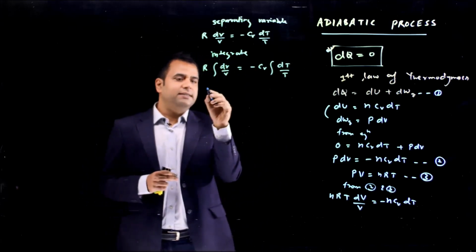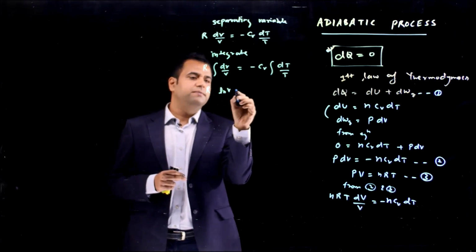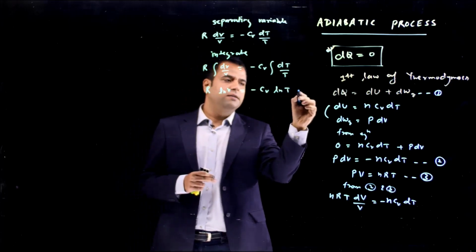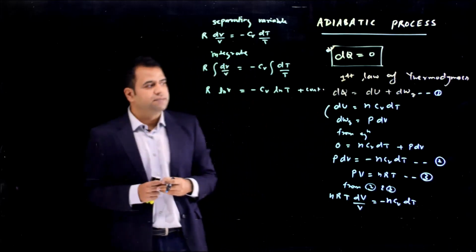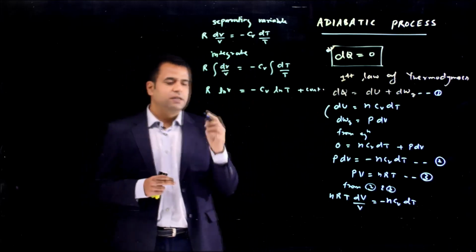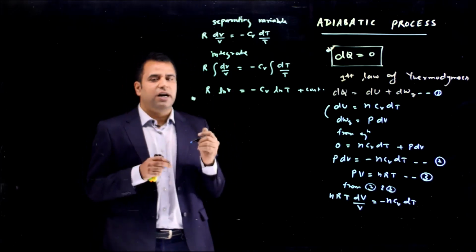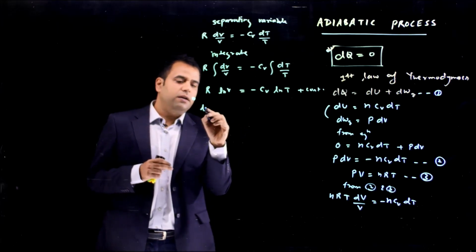So if I integrate this, we'll have r times ln v is equal to minus of cv ln t plus some constant. I have integrated it indefinitely. Since anything outside of the ln, we can take it inside the ln and put it as the power.